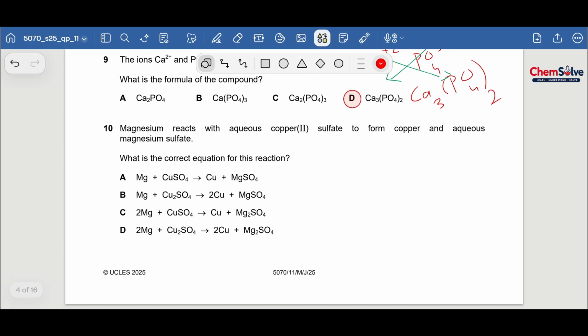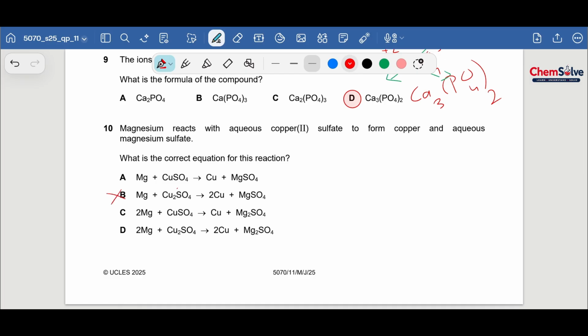Question number 10. Magnesium reacts with aqueous copper sulfate to form copper and aqueous magnesium sulfate. What is the correct equation for this reaction? Okay, so magnesium is reacting with copper sulfate. Option B is incorrect because here the formula of the copper sulfate is incorrect. D is also incorrect because of the formula of the copper sulfate.